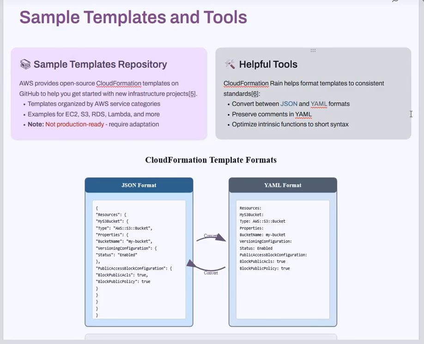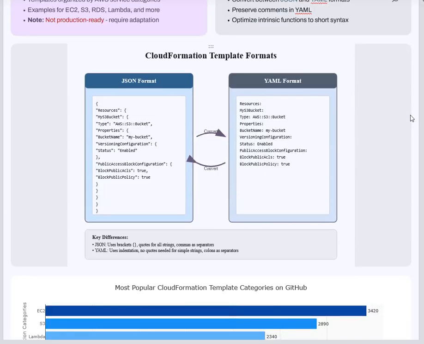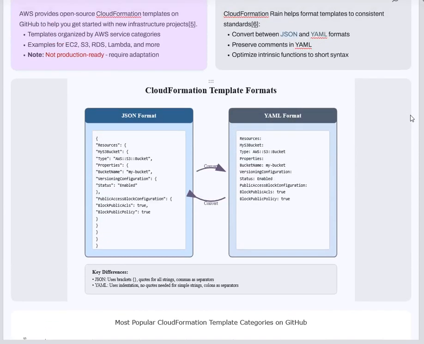CloudFormation Rain helps format templates consistently and to a standard. It converts between JSON and YAML format, preserves comments in YAML, and optimizes intrinsic functions to short syntax.